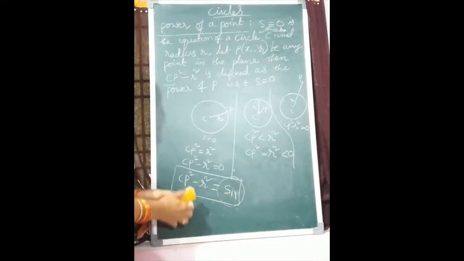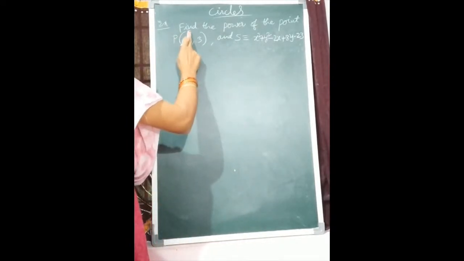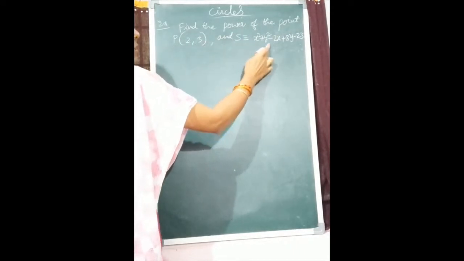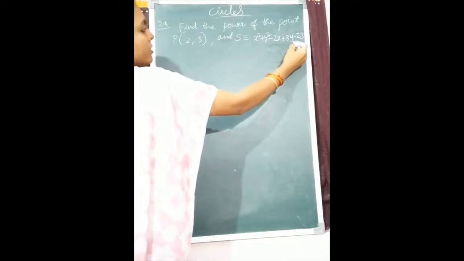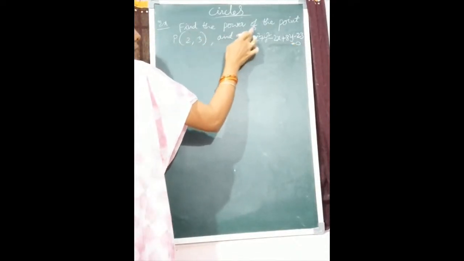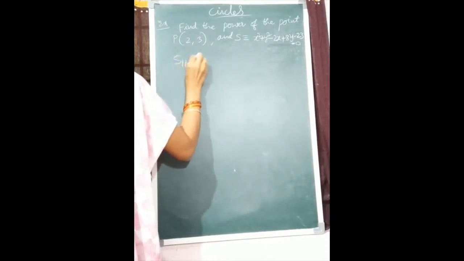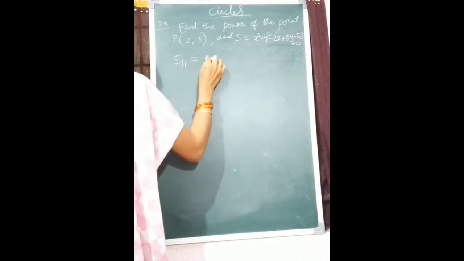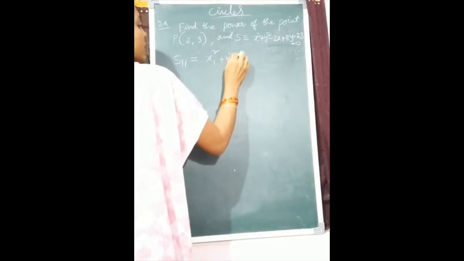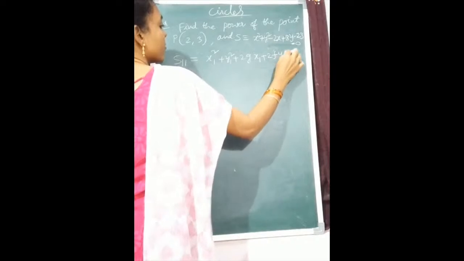For example, find the power of the point P(2, 3) with respect to S equal to x square plus y square minus 2x plus 8y minus 23 equal to 0. To find the power of the point, we have to find S11. S11 means x1 square plus y1 square plus 2gx1 plus 2fy1 plus c.